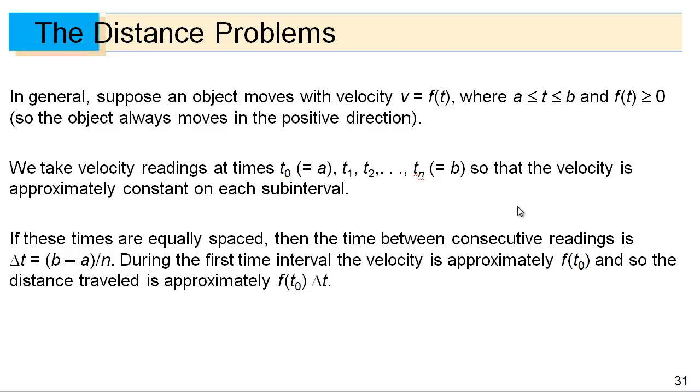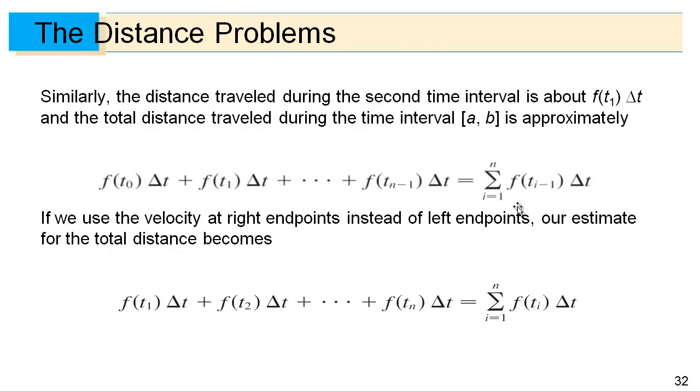And you can start to see, hey, this looks exactly like f of x sub 1 times delta x, or f of x sub 0 times delta x when we were trying to find the area. So we get these similar sums.